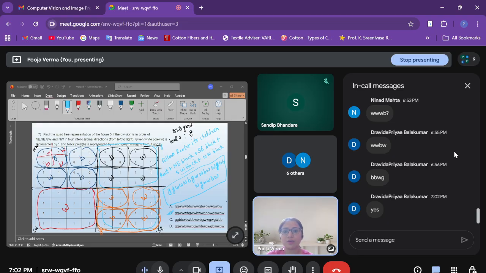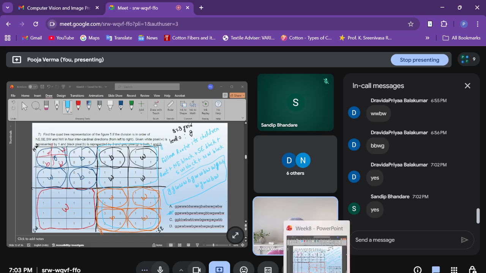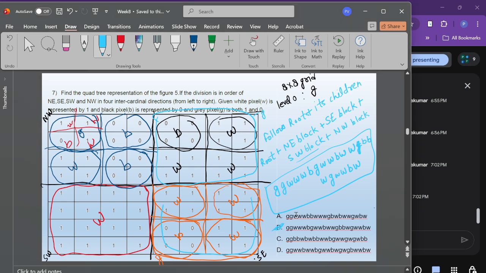Okay, so we need to follow first the root, then its children, then its subchildren, and if it is further dividable, then again its sub-subchildren, and just write in the given order only. So the order is defined here, so just choose that order only. I hope all of you have understood.